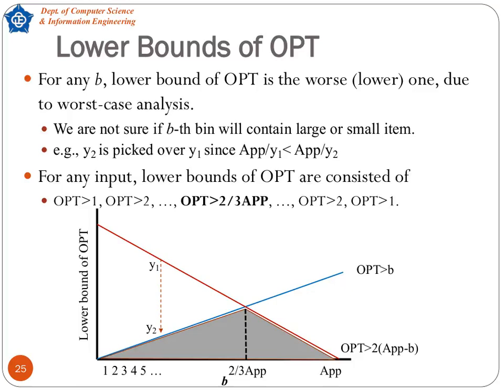These two lines intersect at a truly crucial point on the x-axis, which, interestingly, is precisely 2/3 of APP. This intersection signifies exactly where the constraining lower bound shifts from one expression to another, defining a critical threshold.